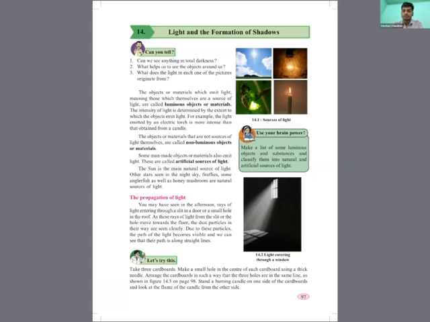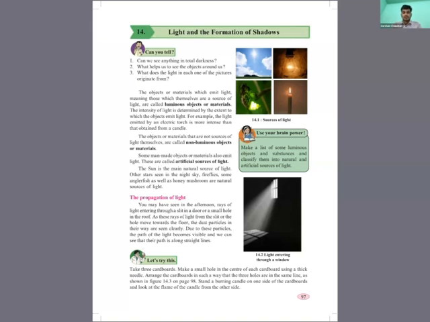Now next, it is further divided into two types. There are artificial sources of light, which means man-made objects or materials that emit light, and natural sources of light.